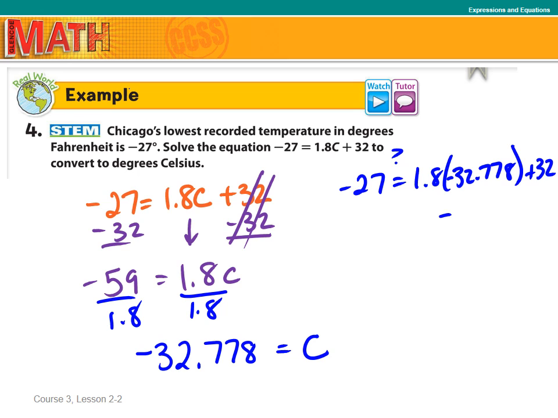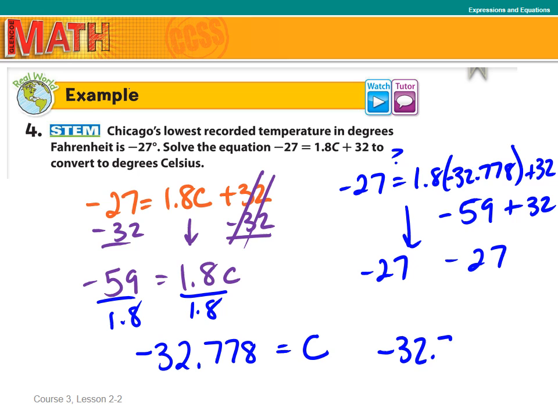So that's going to be negative 59 plus 32. That gives me a negative 27, and that's negative 27 here. So I'm going to say this is negative 32.778 degrees Celsius.